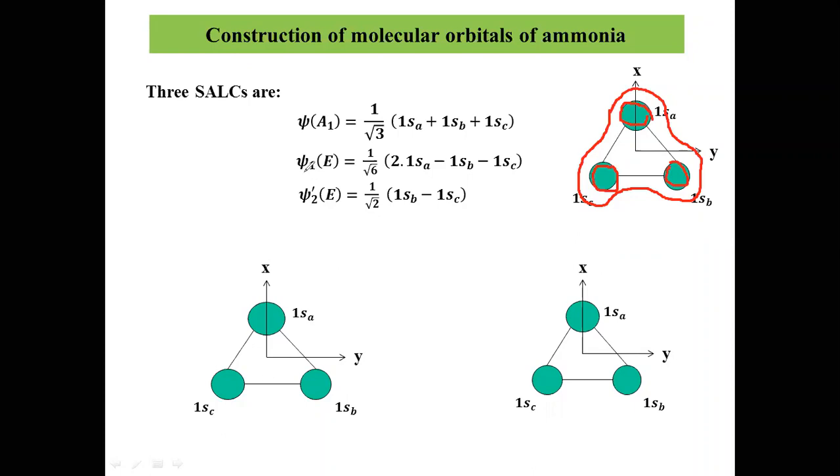And now the psi1e, so I am having two of them. After orthogonalization, we got this. Now this one is going to be double of the 1s A, so I will have a little bit more electron density here, and then minus 1s B minus 1s C, which are going to be in the negative phase.